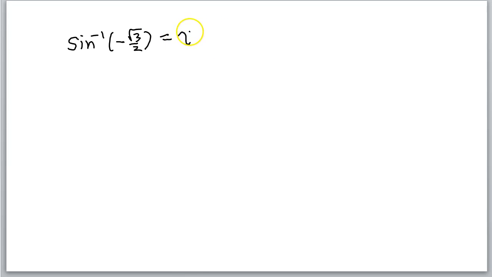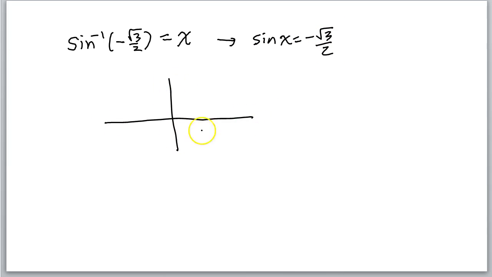Step 1, introduce an x so that it turns into sine of x equal to negative radical 3 over 2. Now draw the sine graph from negative pi over 2 to pi over 2. And because the sine graph goes like that, if you extend it this way, the graph would be like this.